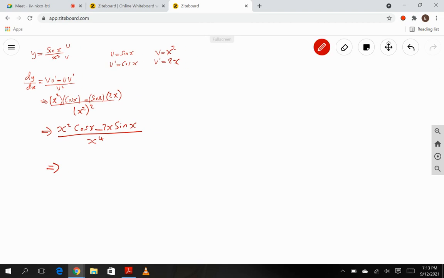So then, here now you can factor out. You can use factoring here. So if you factor out x from this, you're going to have that. Sorry, let me write it properly.